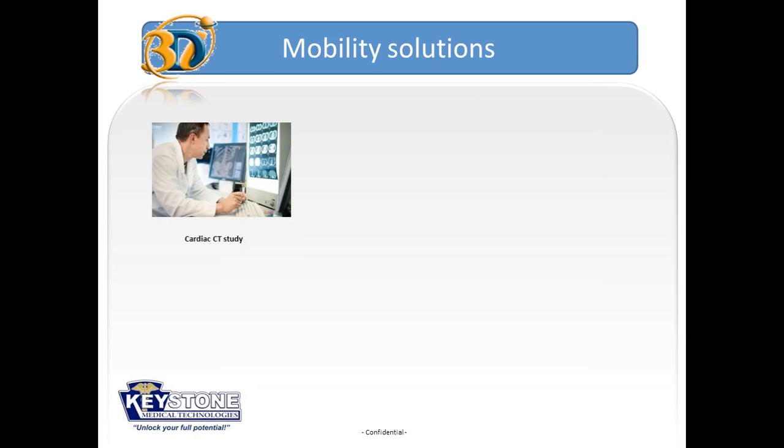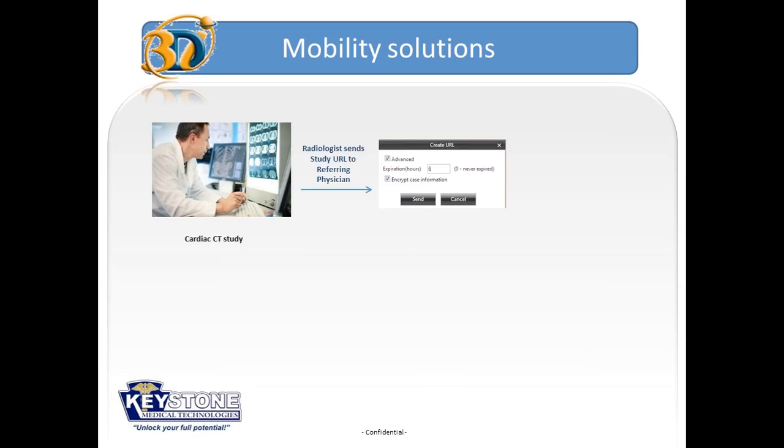And then the last point that we want to address today in our webinar is the mobility solutions. So back to the workflow diagram, the study will originate, in this case a cardiac CT, and after the radiologist interprets it, it gets sent to the referring physician with an incorporated URL. This URL allows the receiver to not only see the result, but be able to see the same series.